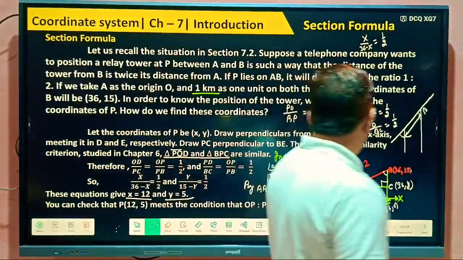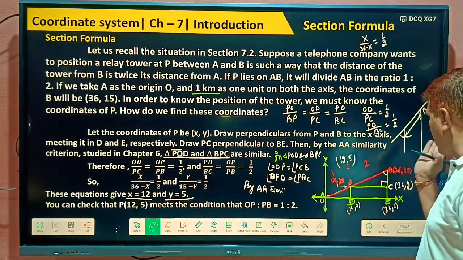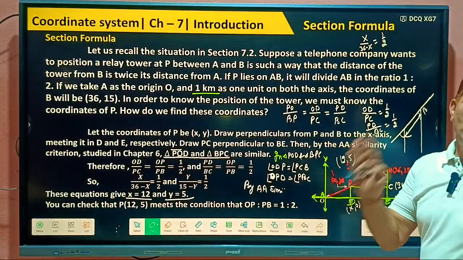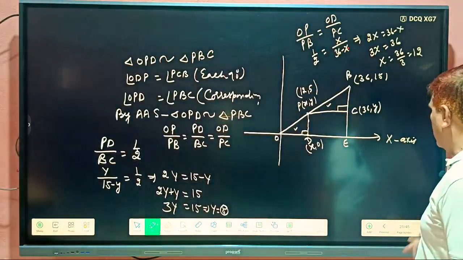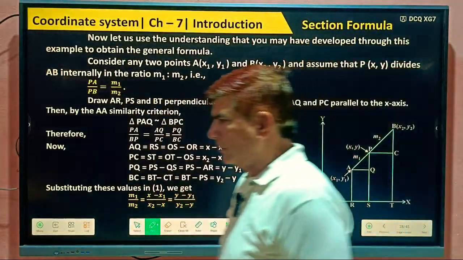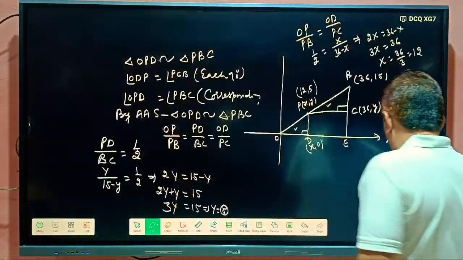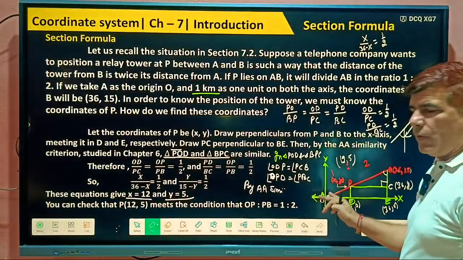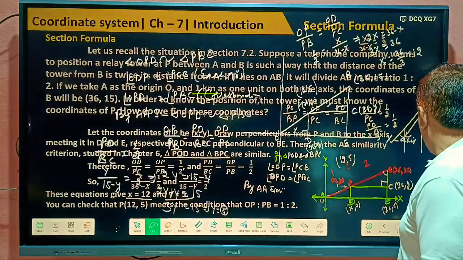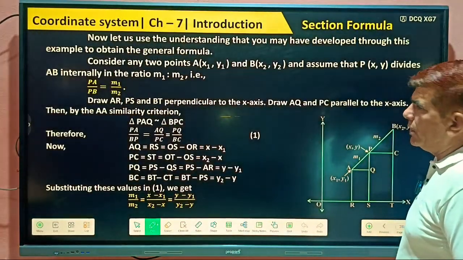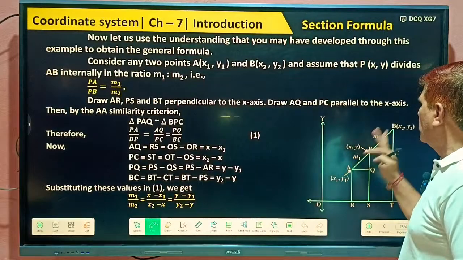So this point P, whose coordinates are 12 and 5, divides the line OB in the ratio 1 to 2. Here we have taken the origin, meaning 0, 0. But in the next derivation, we take the coordinates of A, B, and also P.